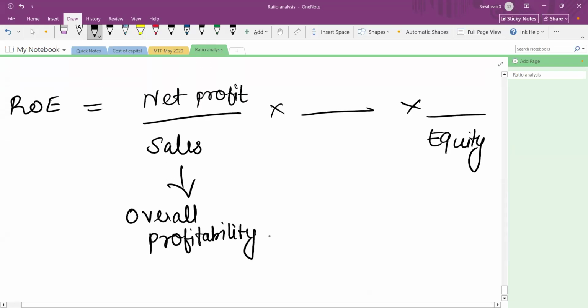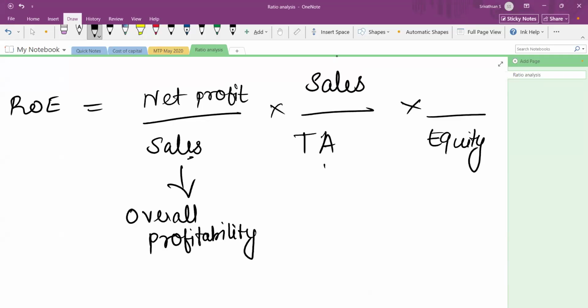Next, the second term: here the denominator we are having sales, right? They are multiplying the numerator with sales and dividing it by total asset. What is this? Asset turnover ratio, which tells us the efficiency at which we are using the asset for generating sales. Clear so far?